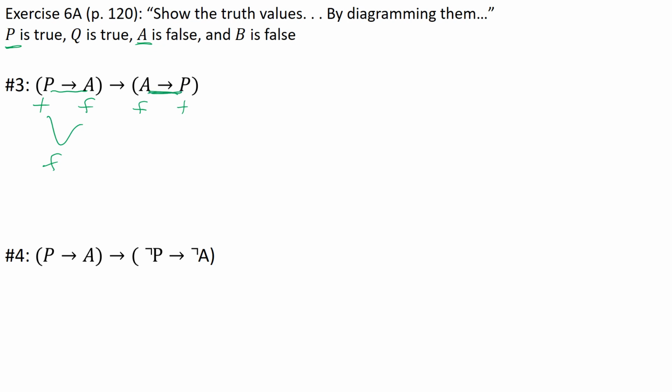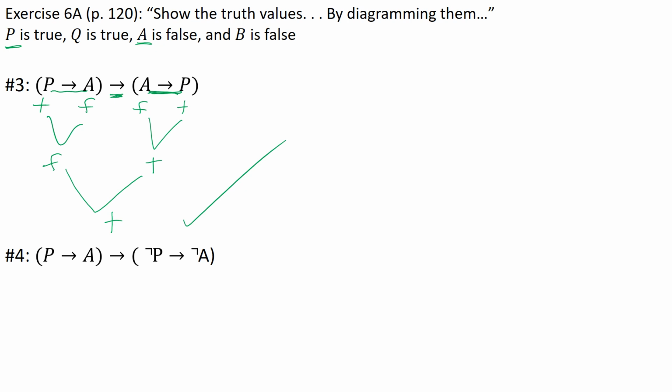And over here we have a false antecedent and true consequent. That conditional is true. Now we can do our major dominant conditional connective. So we have a false antecedent, true consequent, so that is a true sentence. So overall, number three is true.